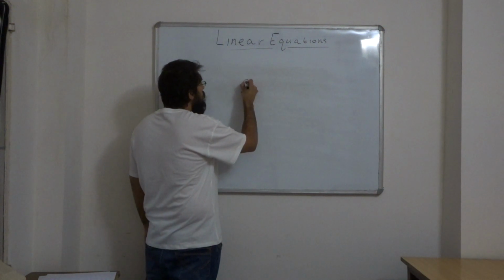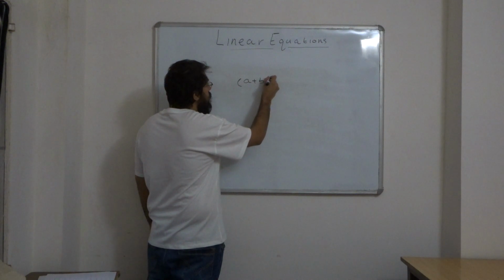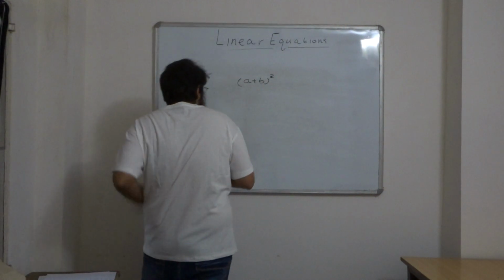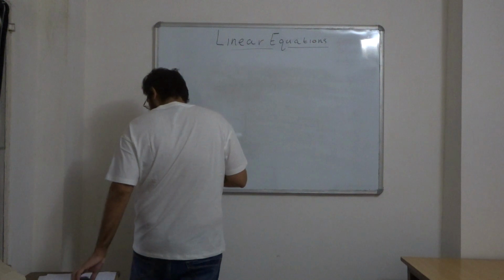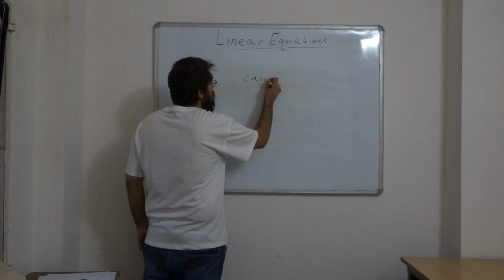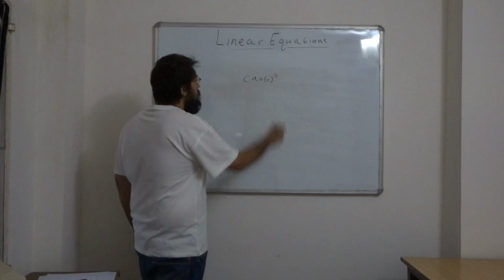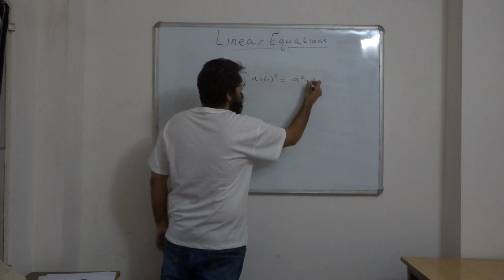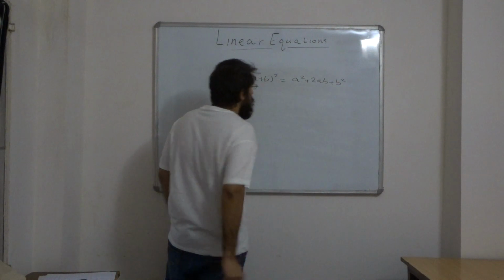So basically, if you have a plus b, okay? You have a plus b squared, okay? So now when you have a plus b squared, what does this equal to? It equals a squared plus 2ab plus b squared, isn't it?